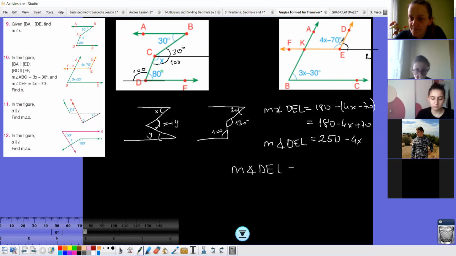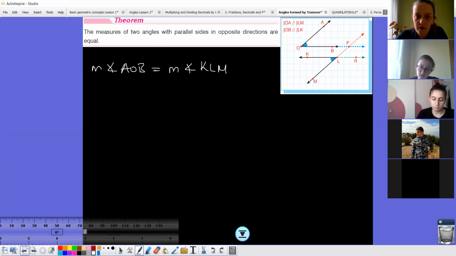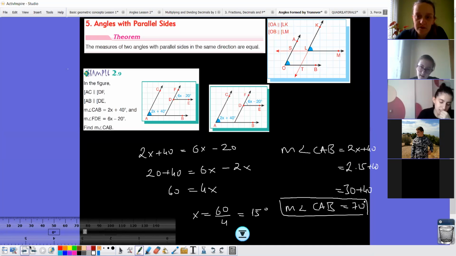Now we know that the measure of DEL is the same as the measure of angle ABC. This is the property that maybe you have written: the measures of two angles with parallel sides in the same direction are equal.